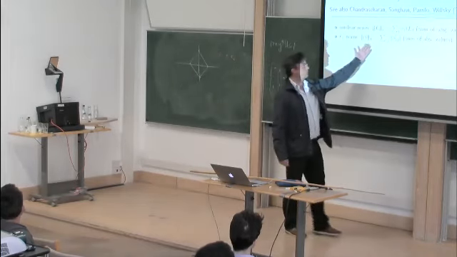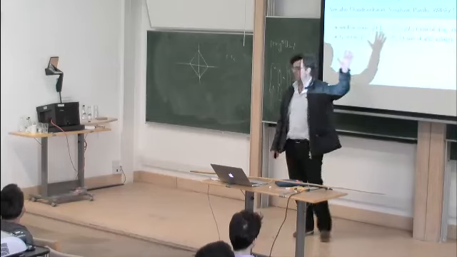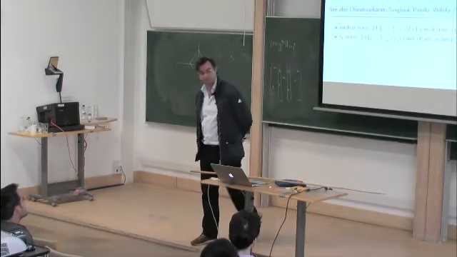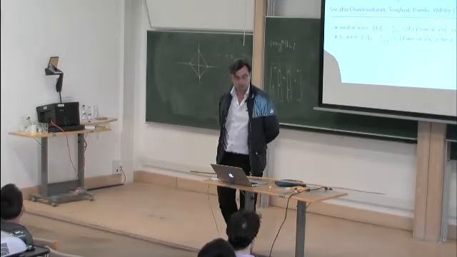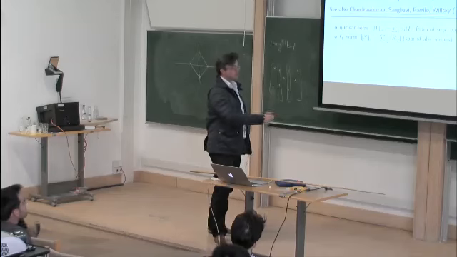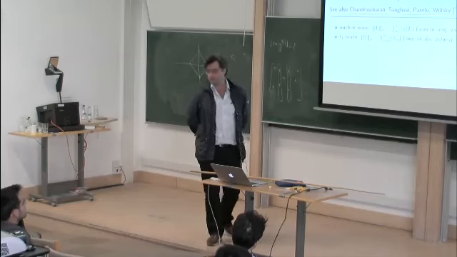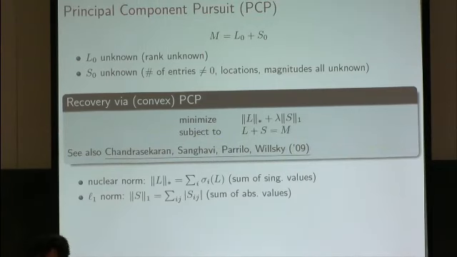The one norm of a matrix in this talk is the sum of absolute values. The nuclear norm is a true matrix norm. It understands that L is a linear transformation. The other one is not.